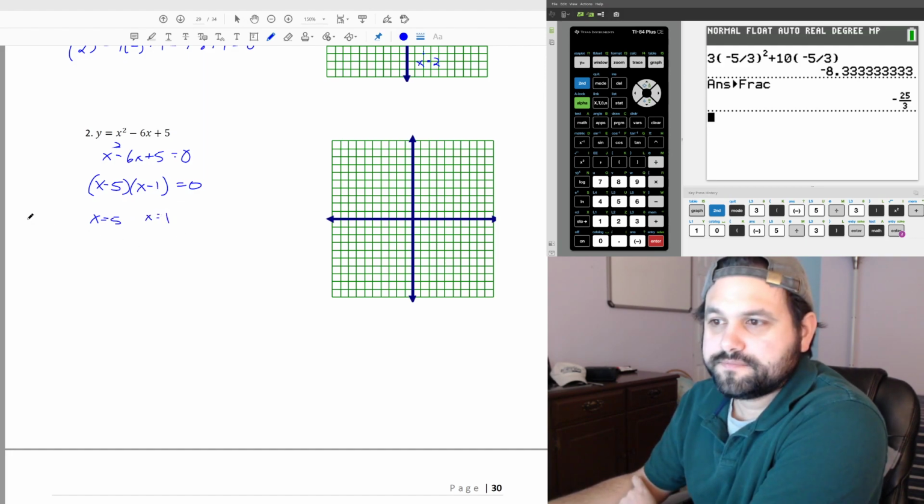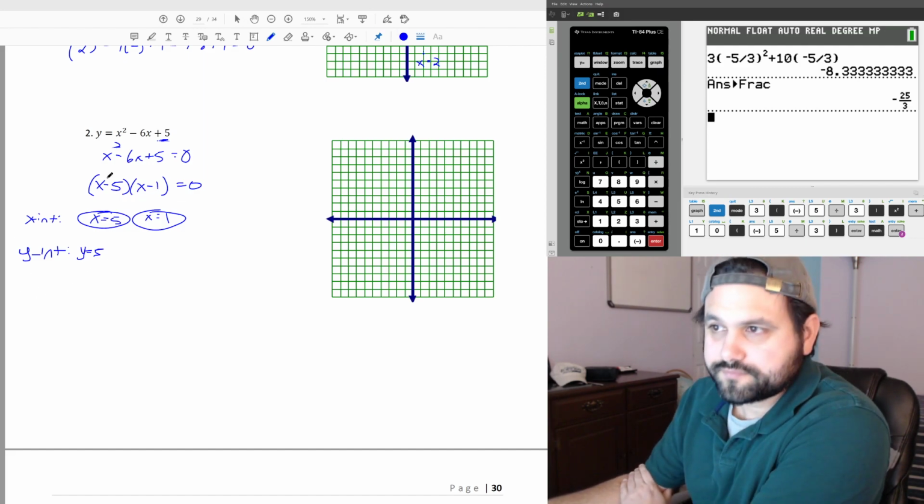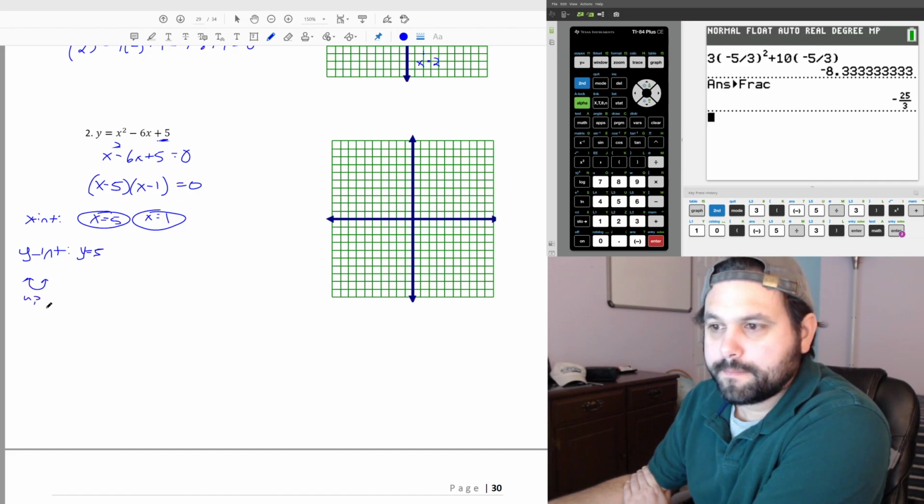Those are my x-intercepts. Y-intercept. What's my y-intercept? Well, let's look at the standard form. My y-intercept is 5. Does this open upward or downward? The a value is positive, so this is going to look like that. It's going to open up.